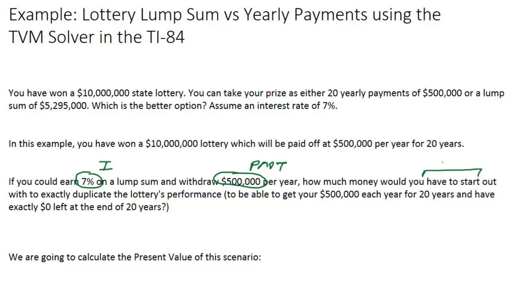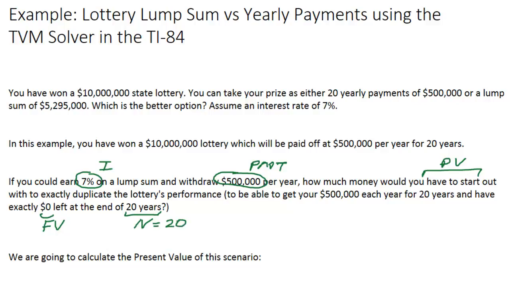So we're looking for a present value. And we want to end up with $0 at the end of the 20 years. So that's our future value. And it is 20 years, and it's one payment per year. So the 20 years here is our N. N is 20. So we're having 20 payments.